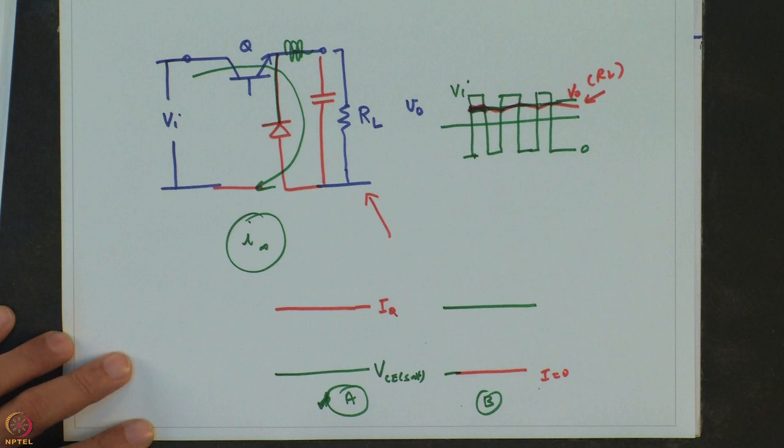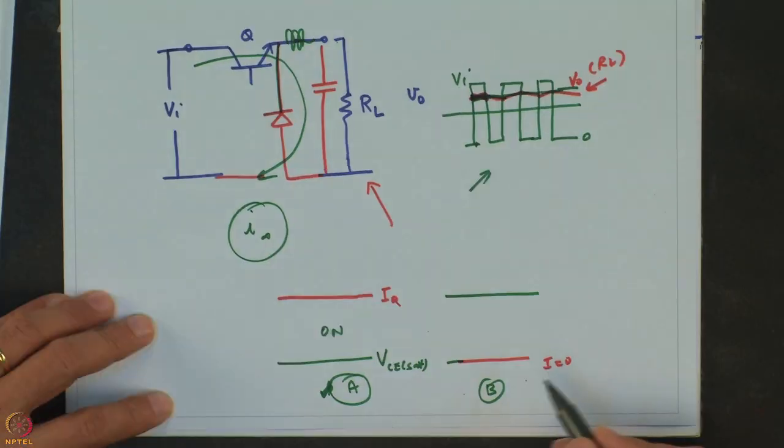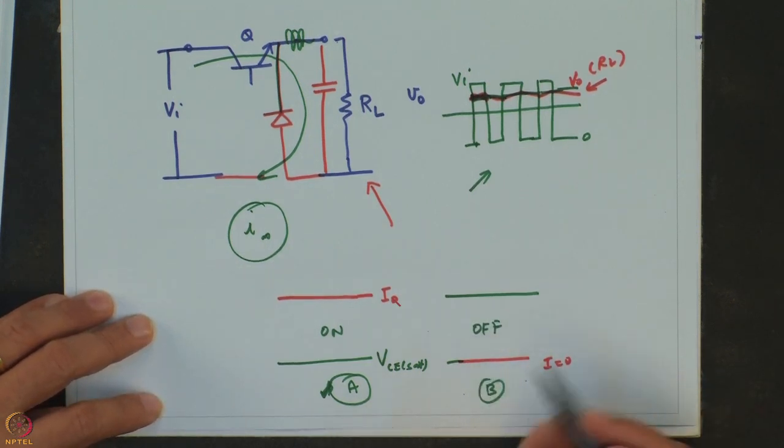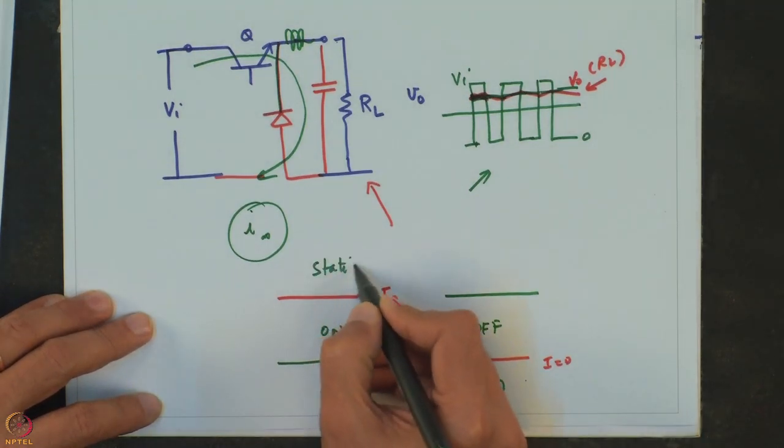Now, we will do more of these things when we look at more switch mode power supply configurations. When we come to it and see more details, we will come to these things again. Now, the characteristics that you see here when the device is on or when the device is off are also called static.